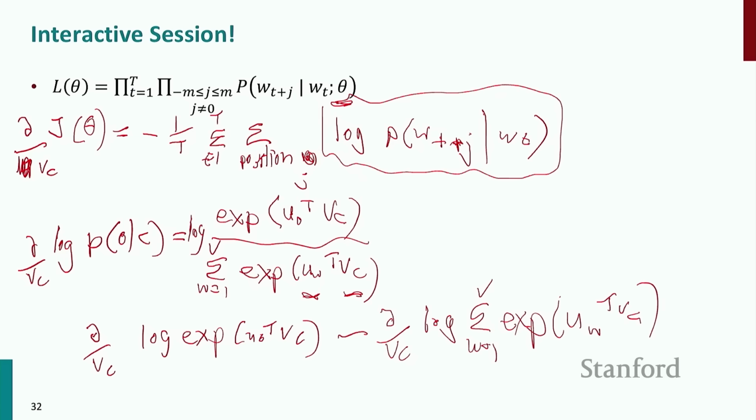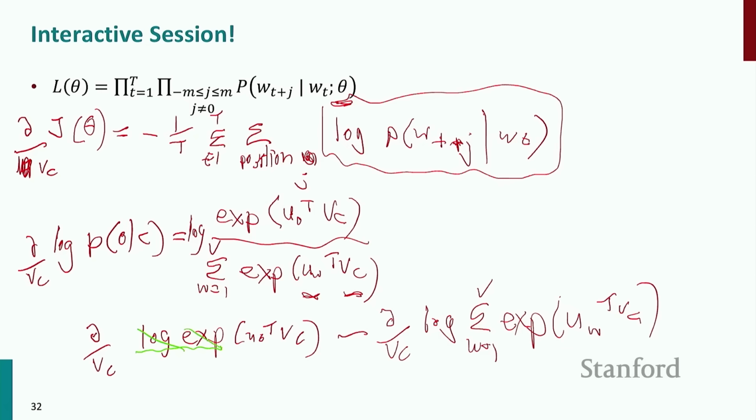Okay, so I want to work with these two terms. Now, at this point, part of it is easy because here I just have a log of an exponential, and so those two functions just cancel out and go away.